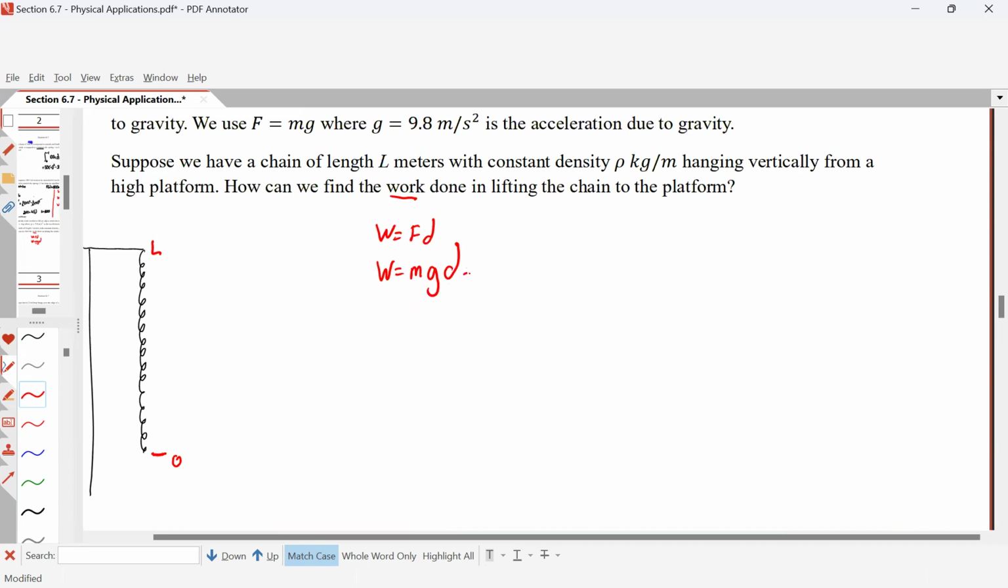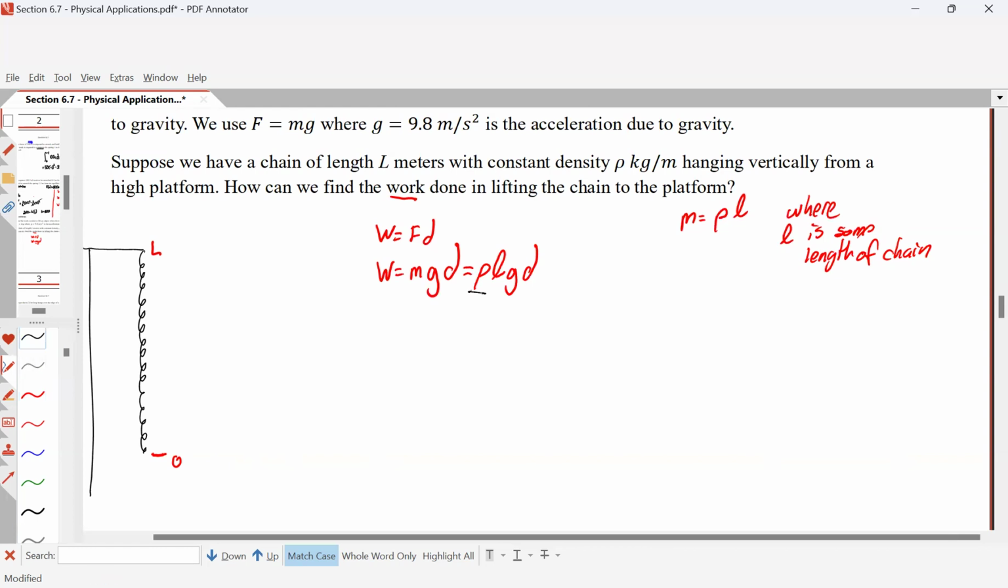So work is also equal to rho times L times gravity times distance.